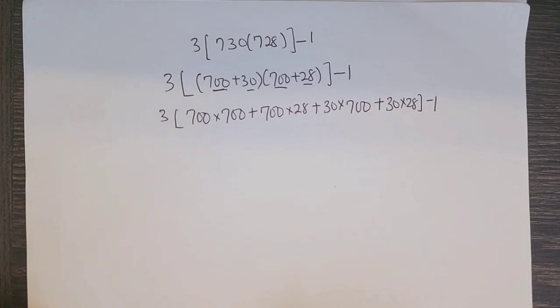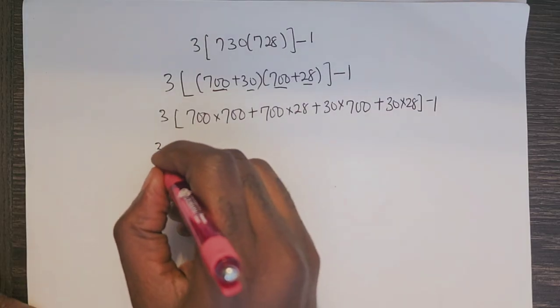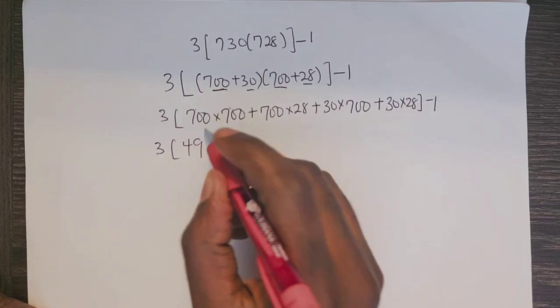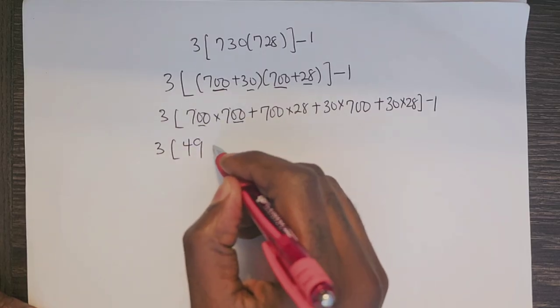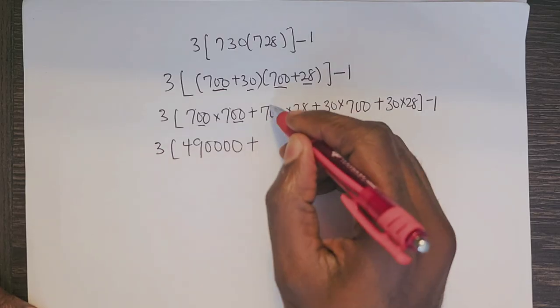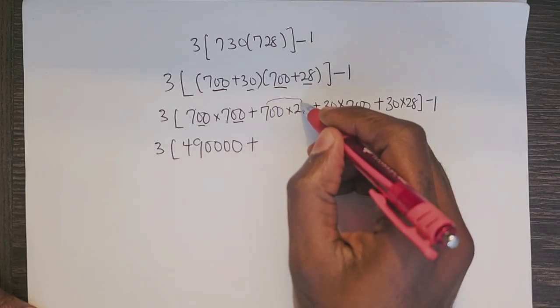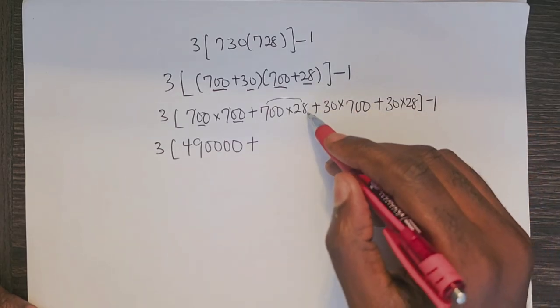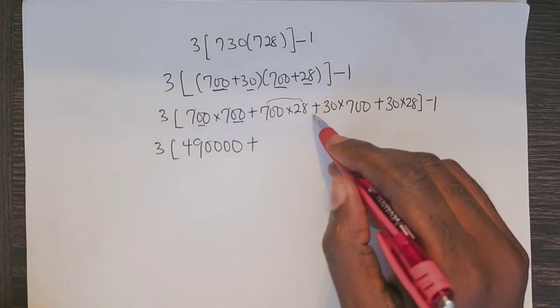Minus 1. Yeah. So here I'm going to have 3. 7 times 7 is 49. And I'm having 2 zeros twice, which means we're going to have 4 zeros. 7 times 28. This is easy to do. You know, when you have 7 times 8, okay?